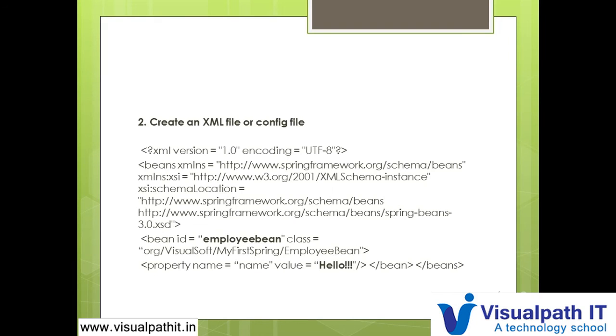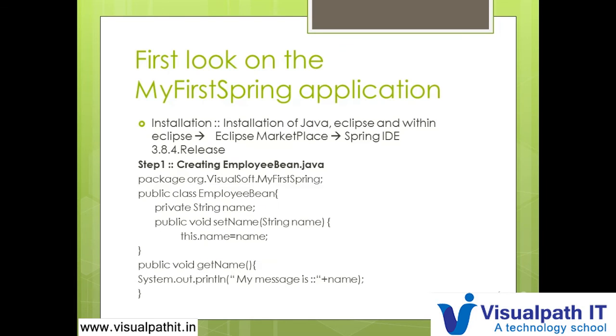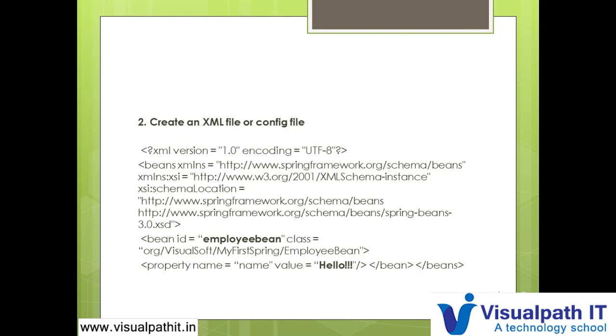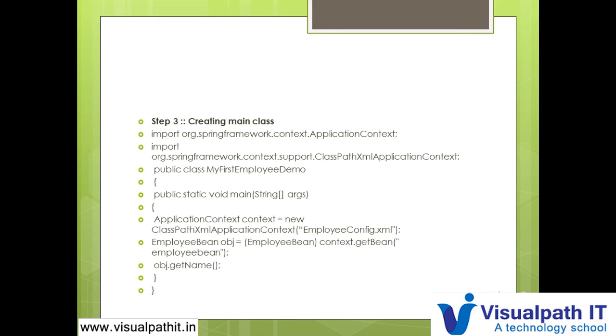Here the property name is also equally important, because the value we are providing here is what gets printed. The property name is equal to name, value is equal to hello, and that is what is getting printed in the name here. So that is equally important.